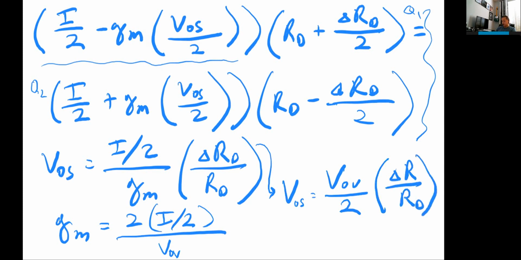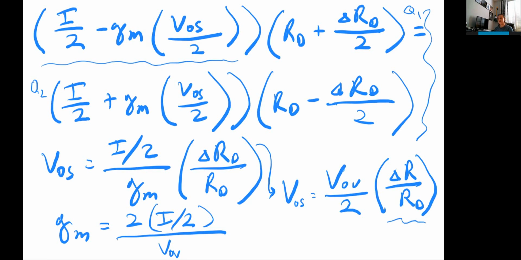So this we knew, we've been looking for this, saying that the voltage offset at the output of the differential pair is proportional to the deviation as a percentage with respect to RD, but also the offset now has this component of the overdrive voltage.